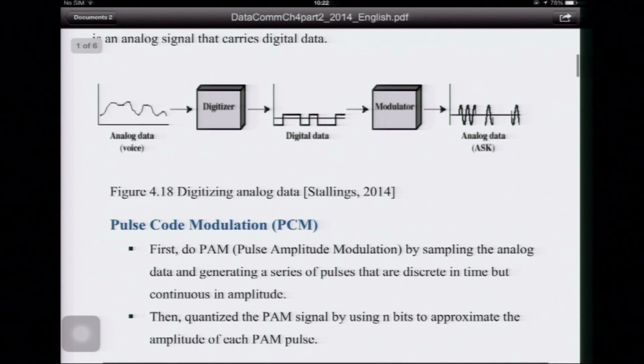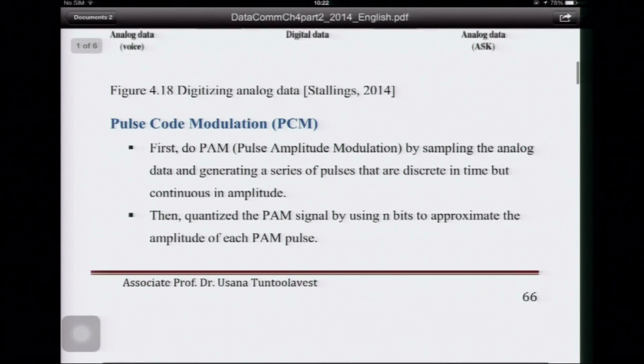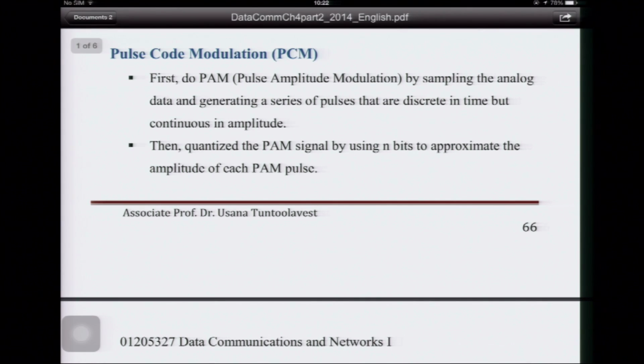Now let's look at the first part, the analog data to digital signal. We can convert analog data to digital signal by using pulse code modulation, or PCM. In this case, we sample the analog signal first, and then you get a series of pulses that are discrete in time but continuous in amplitude.